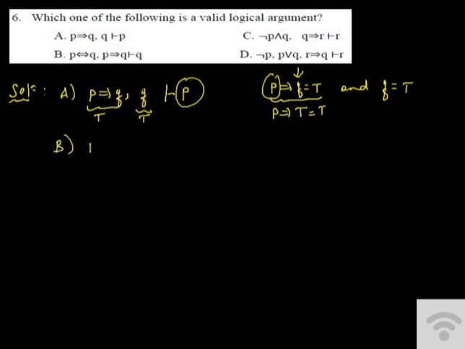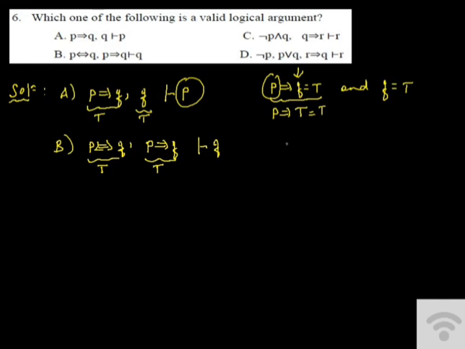In B we have P implies Q, and P implies Q. These are the premises, and the conclusion is Q. So the premises, as I have told you before, are always true.